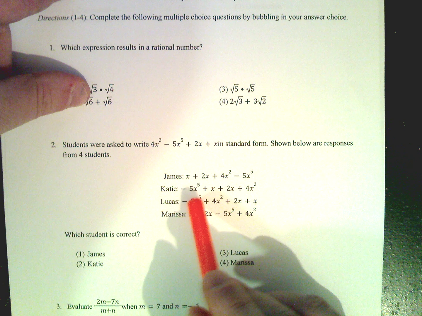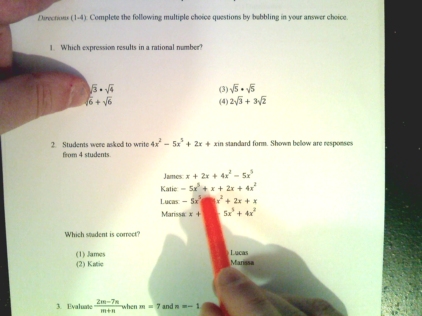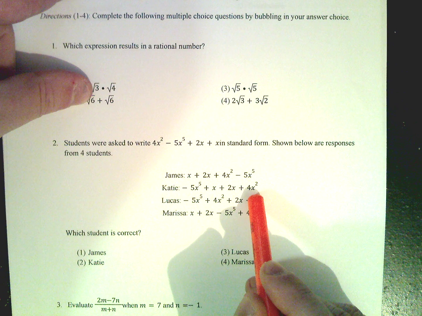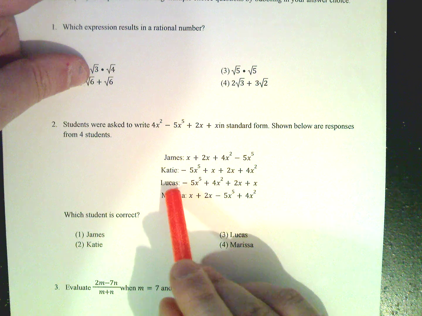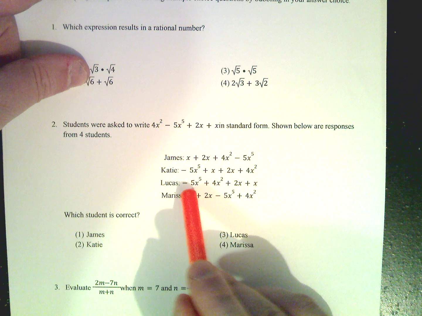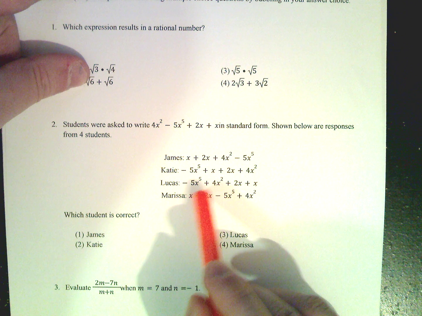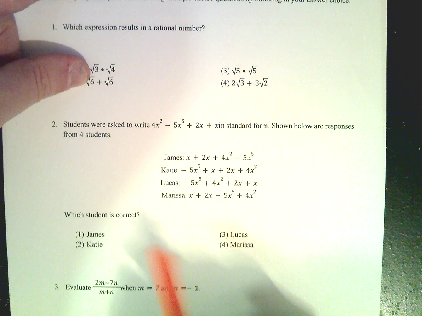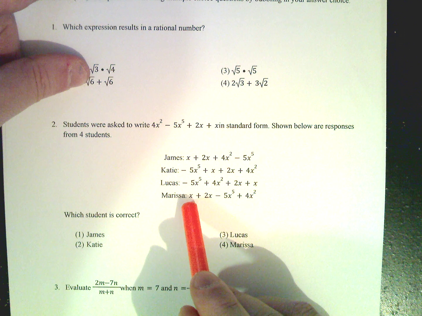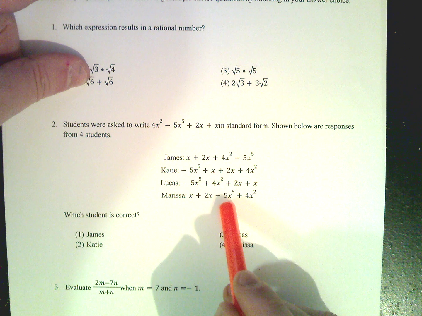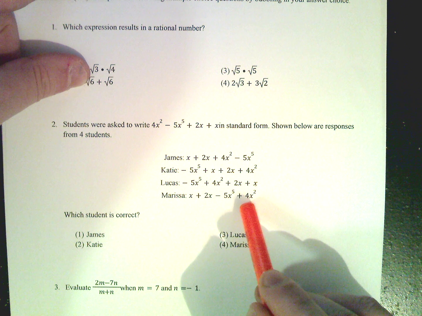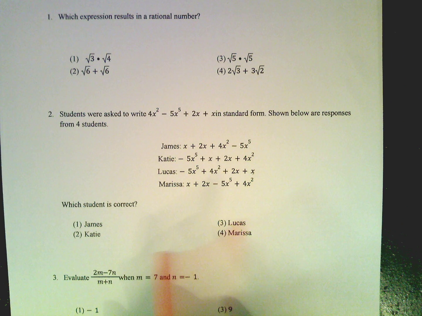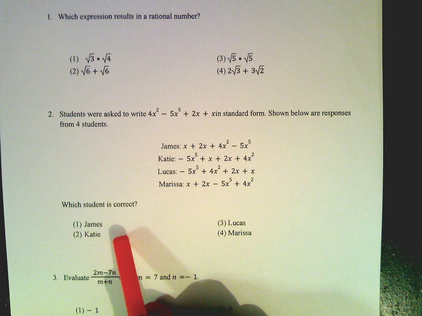Katie wrote minus 5x squared plus x plus 2x plus 4x squared. Lucas wrote minus 5x to the 5th power plus 4x squared plus 2x plus x. And Marissa wrote x plus 2x minus 5x to the 5th power plus 4x squared. The question is, which student is correct?